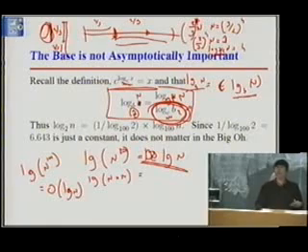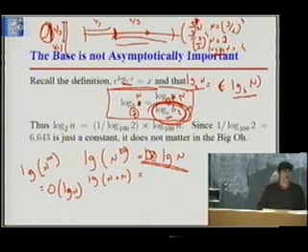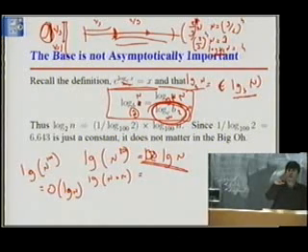Because logarithms are so powerful, they can chop up any polynomial. Okay? n to the 100, n to the million, and big O-wise, it doesn't make any difference. Okay? Any questions about that power property of logarithms? Or anything else about logarithms?